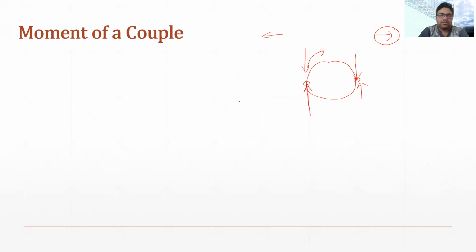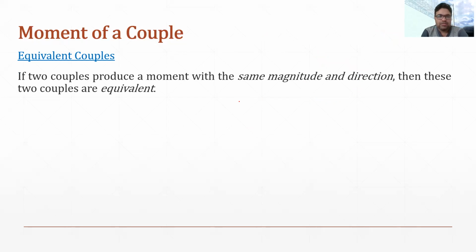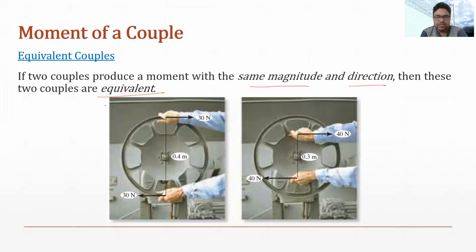There is another concept related to couple, which is called the equivalent couple. What is the meaning of equivalent couple? It says if two couples produce a moment with the same magnitude and direction, then these two couples are equivalent. We will understand this with an example. There you can see a steering wheel, and on it the force is applied.